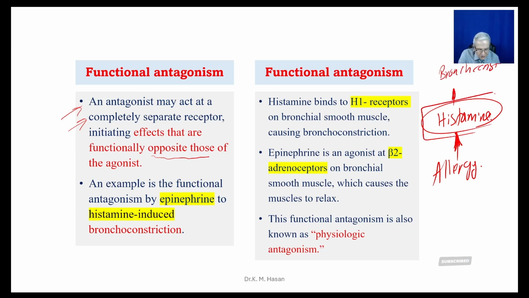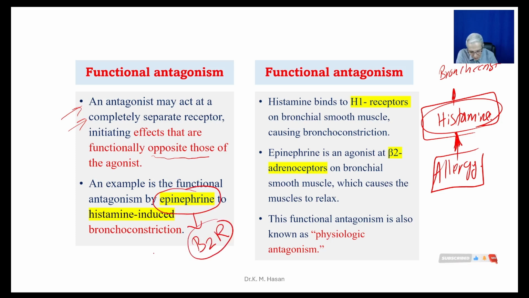This is the effect of histamine. So when the patient arrives at the hospital with severe allergic reactions, we can treat this patient with epinephrine. Epinephrine stimulates the beta 2 receptor and causes bronchodilation, relaxation of muscles. So epinephrine antagonizes the action of histamine.